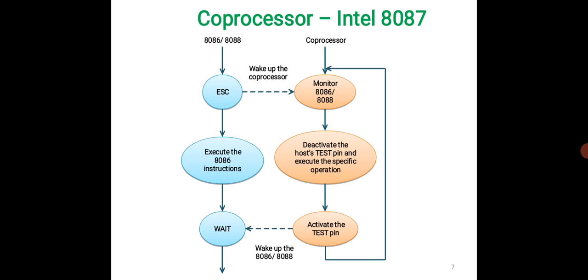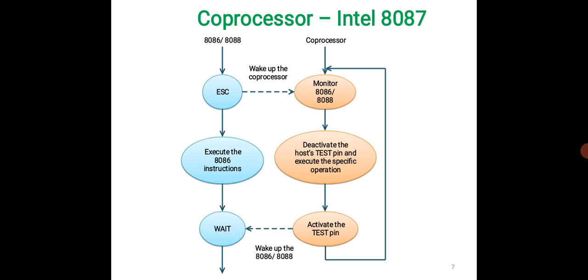This coprocessor will monitor the 8086 or 8088, and it will execute the instructions, and this will deactivate the host test pin and execute the specific instruction. Once it has executed the specific operation, it will activate the test pin, and this will wait.